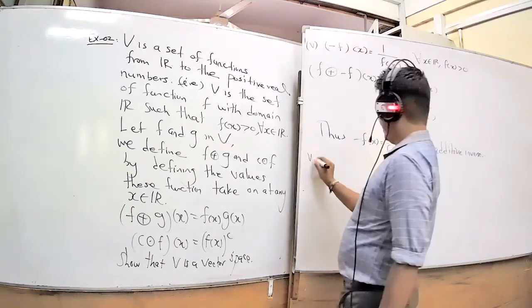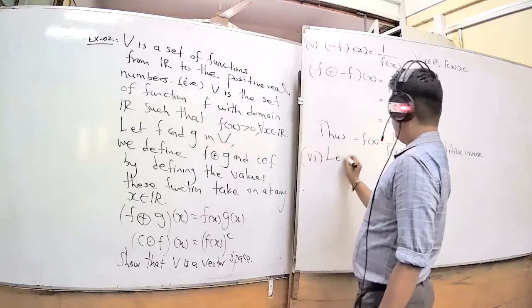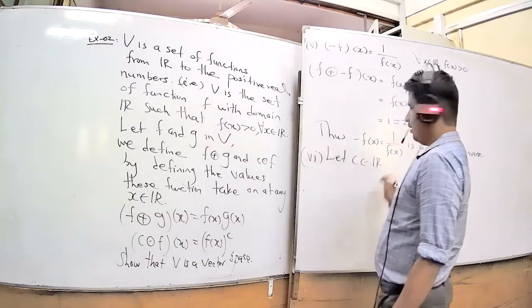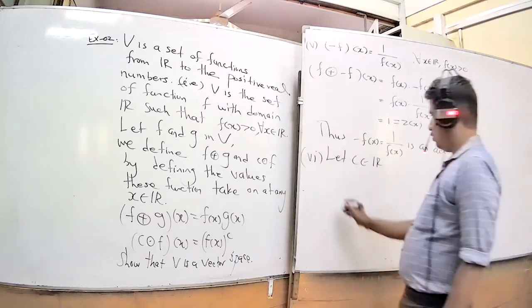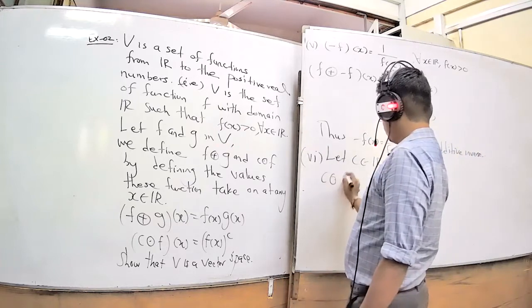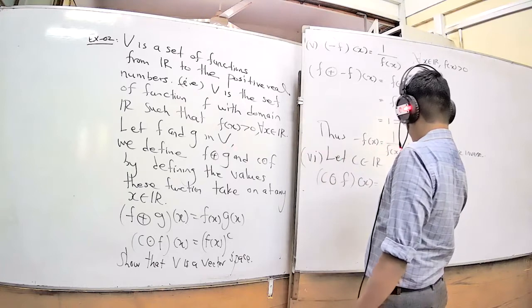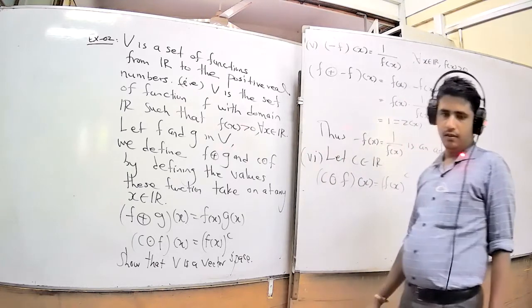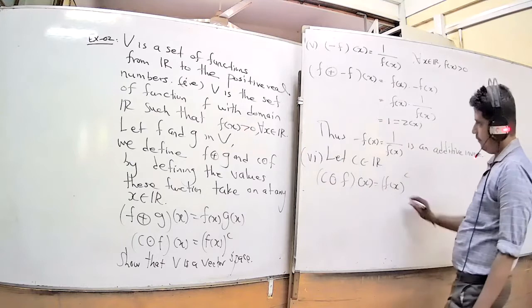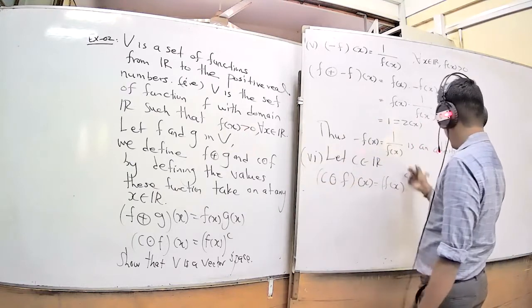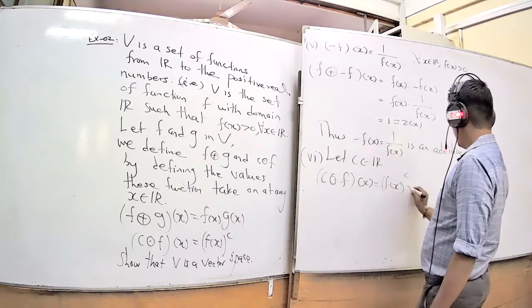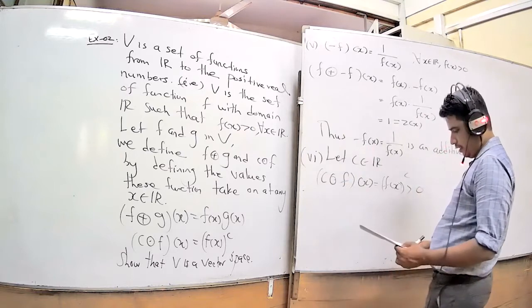Next, property axiom number 6. Here let c belong to the real numbers. It is the scalar. So c scalar multiplication of f of x is of the form f of x to the power c. Since f of x is greater than 0, therefore f of x to the power c is also greater than 0.